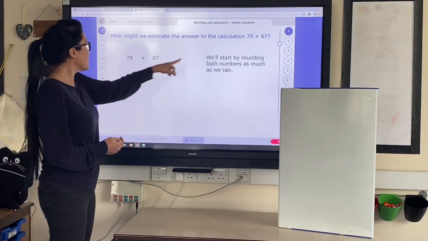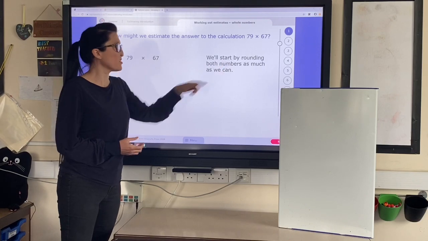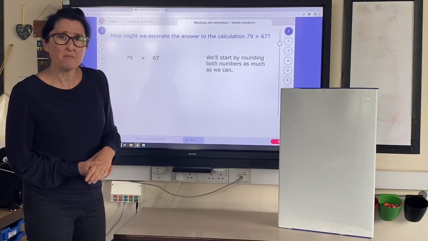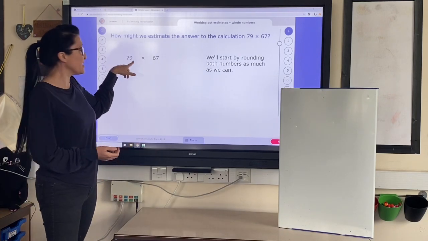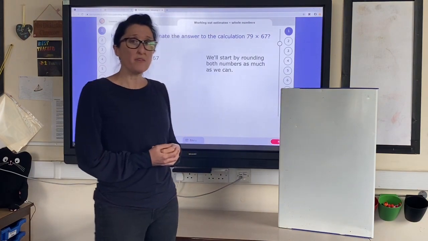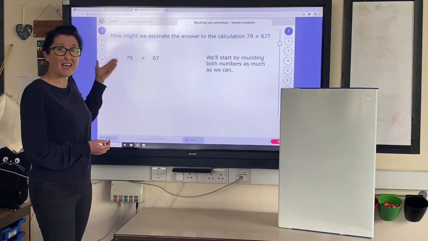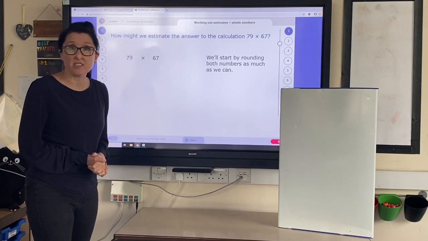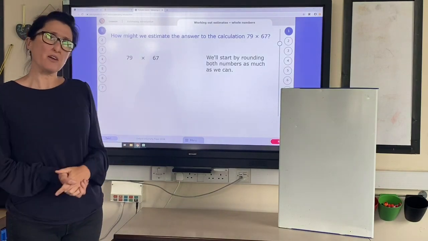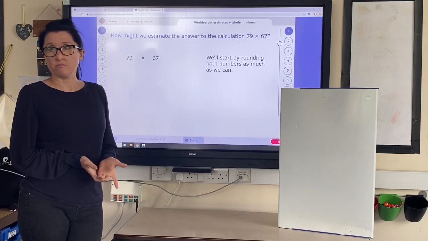Okay, so it says we'll start by rounding both numbers as much as we can. Now that's a little bit vague, as much as we can. What it means is looking at those numbers, 79 and 67, and thinking about what they're most likely to be rounded to. Now because they're both tens numbers, you would round to the nearest 10, so that makes sense. So if we took 79, have a think about it, what would we round 79 to?